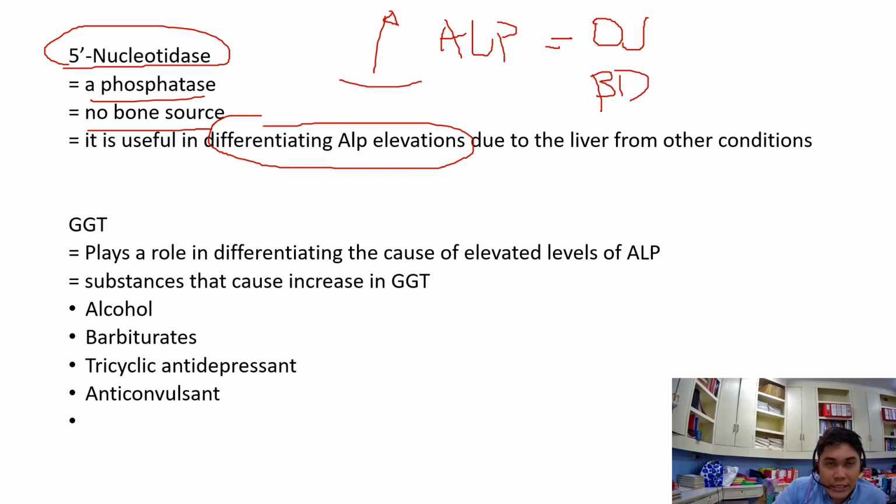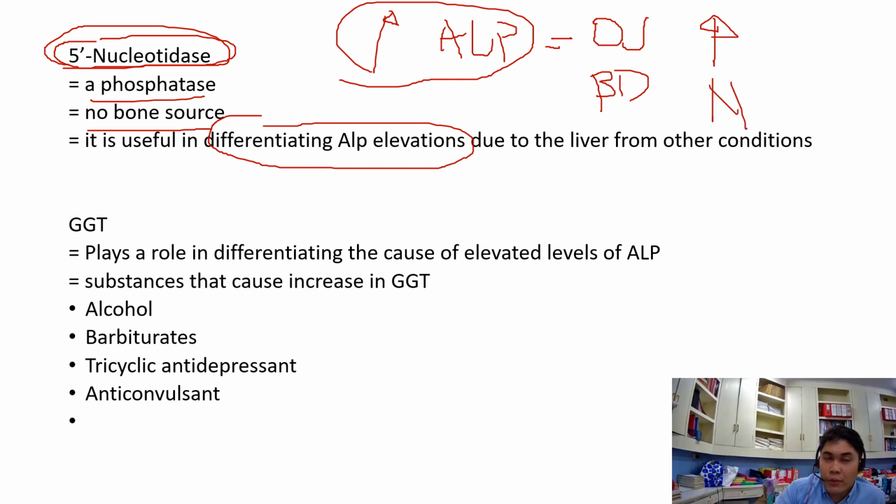To differentiate, you need to measure 5-nucleotidase, because 5-nucleotidase is increased in obstructive jaundice and normal in bone disorder. Another way of differentiating increase in ALP is by using GGT.